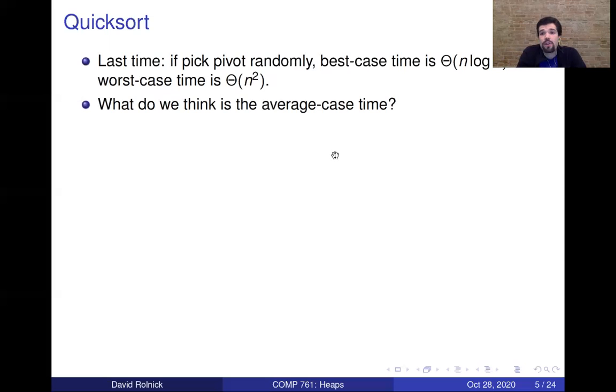So what do we think is the average case time? Like expected. It's not really the average over instances. It's more the average over, in this case, how you pick the pivot.